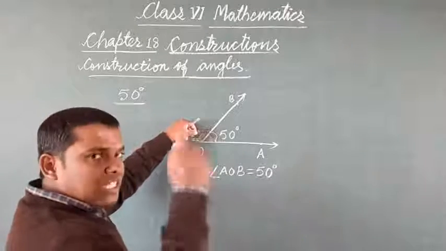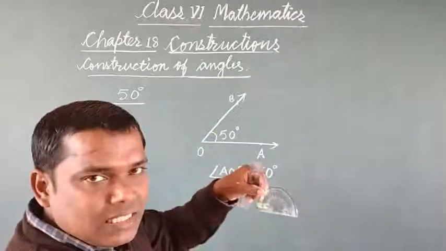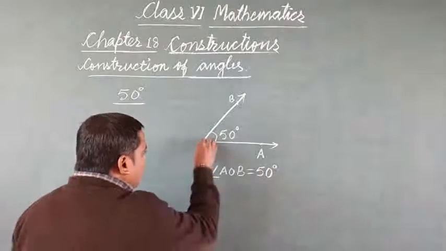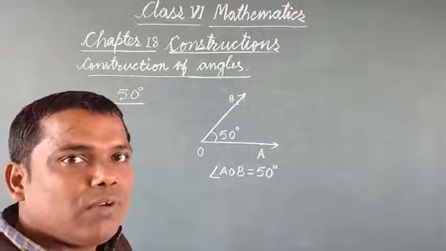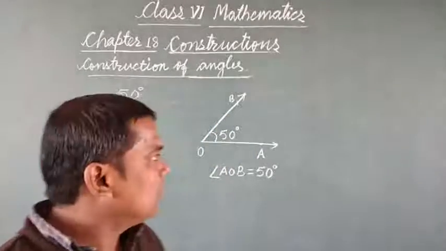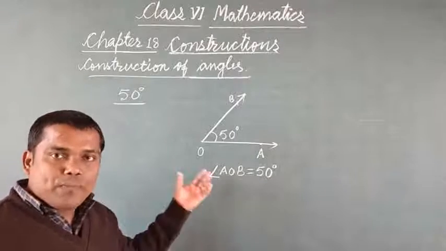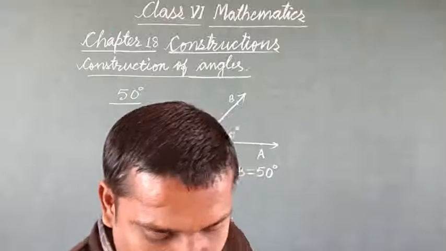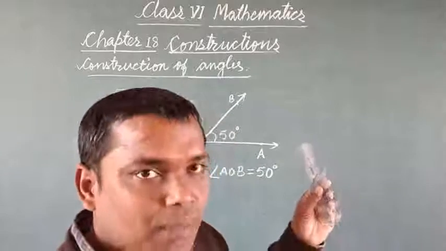If you have to draw 60, we reach 60. Whichever angle we have to draw, we read the readings here, and then we mark a point. We join point O to the point which we have marked, and the required angle will be constructed. So this is angle AOB of 50 degrees. I hope you understood how to draw angles using a protractor.